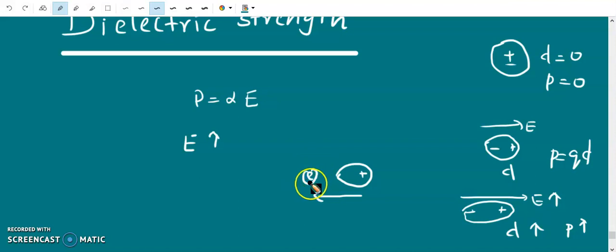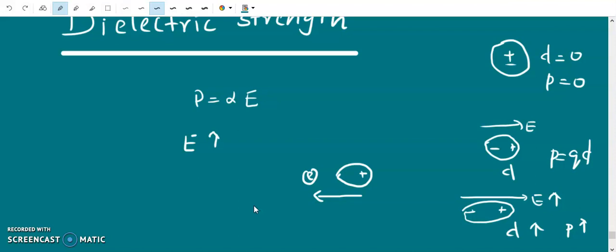Electrons are not bound to the nucleus, and this is the condition for a conductor. Electrons are free in the case of conductors only, but in the case of dielectrics, the positive and negative charges are bound. So when the electric field is increased beyond a certain limit, electric breakdown or dielectric breakdown happens, where the dielectric material is converted into a conductor. Its dielectric property is lost, and after the application of this electric field, the material has the property of a conductor.